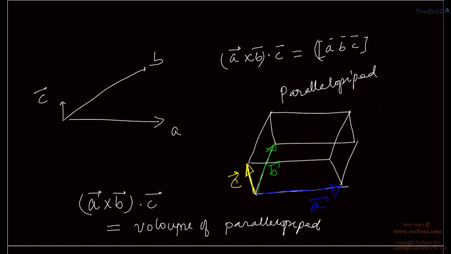Alright, so this is all about the scalar product, or dot product, of three vectors.